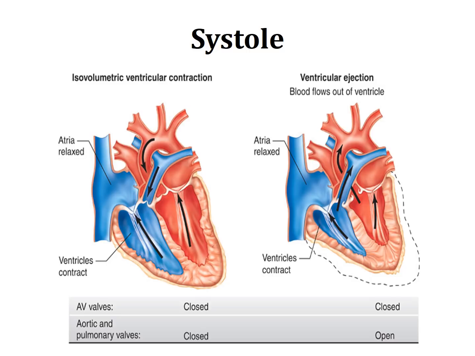So in systole, AV valves are closed, and the pulmonary and the aortic valves are open.